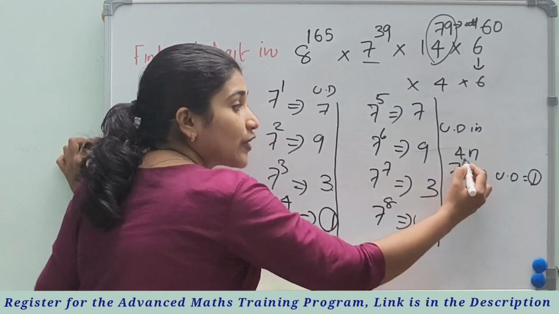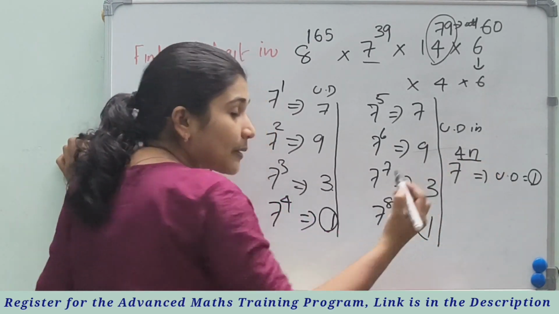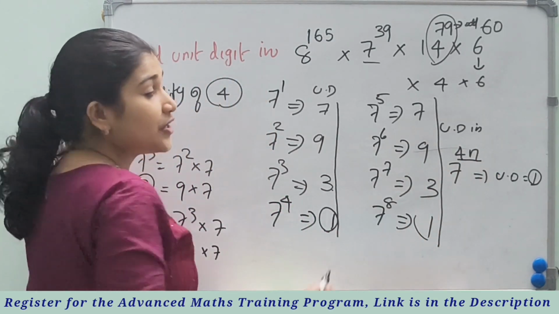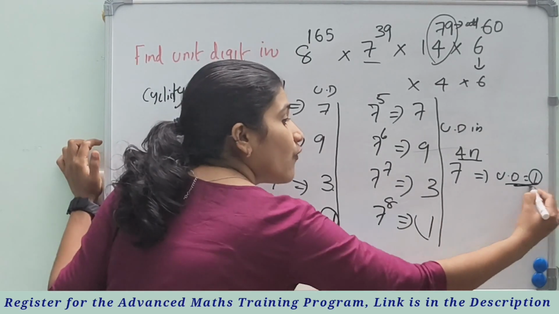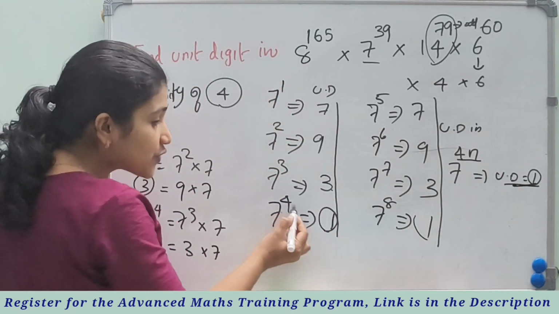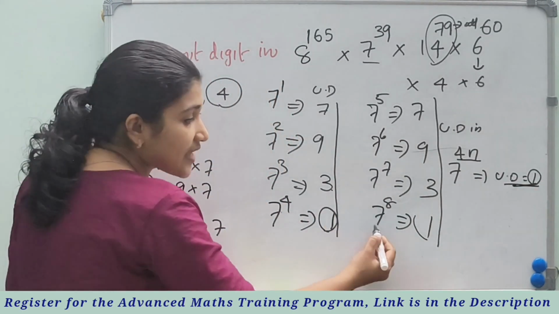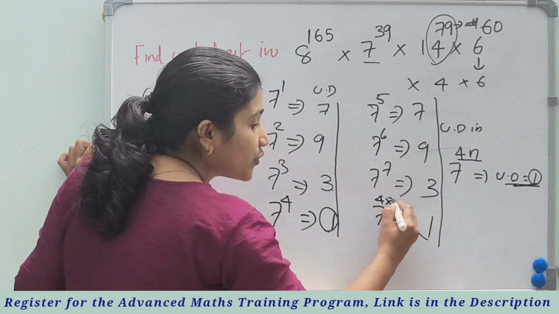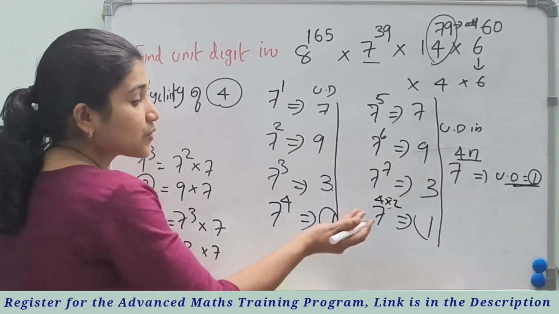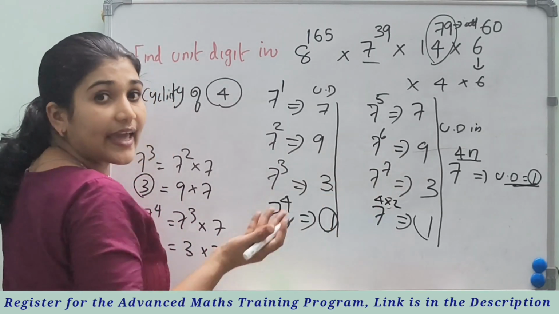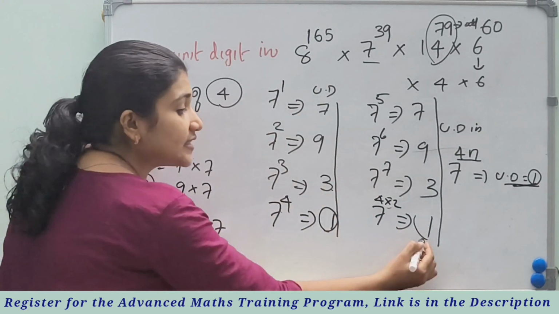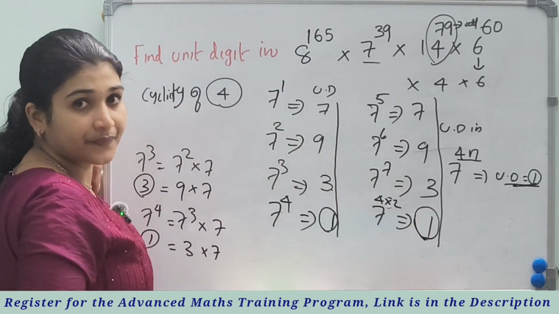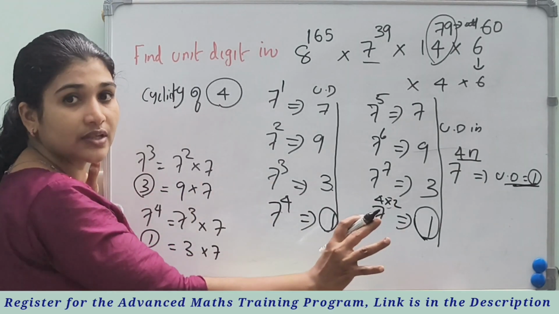You can write the power of 7 as a multiple of 4, then the unit digit will become 1, because 7 raised to 4 is 1. Here you can see 7 raised to 8 is 1, and this 8 means 4 into 2. So 7 raised to 4 into any number has unit digit 1. This is the property of 7.